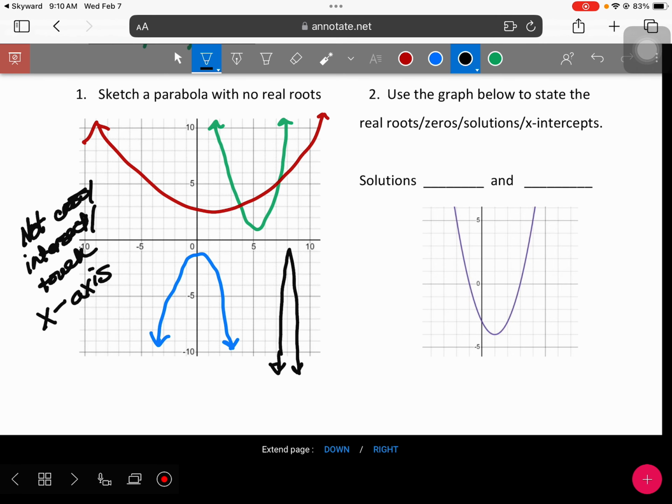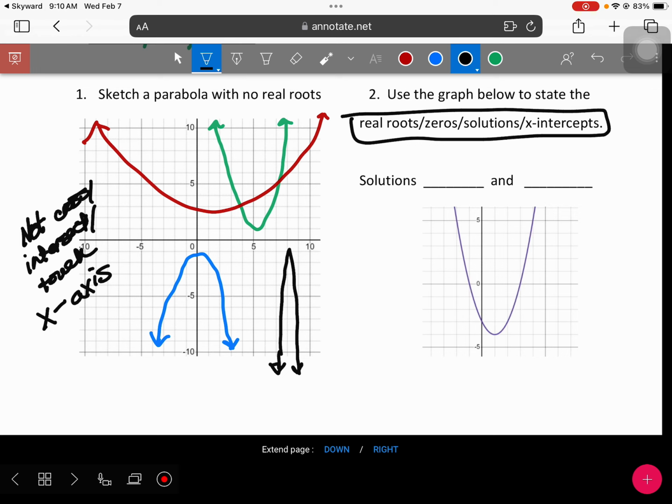All right, number 2. Use the graph below to state the real roots, the zeros, the solutions, and the x-intercepts. Oh my gosh, is that 4 different things? No, these are all the same thing, and you probably could circle these real roots. Let me use that since I have it.